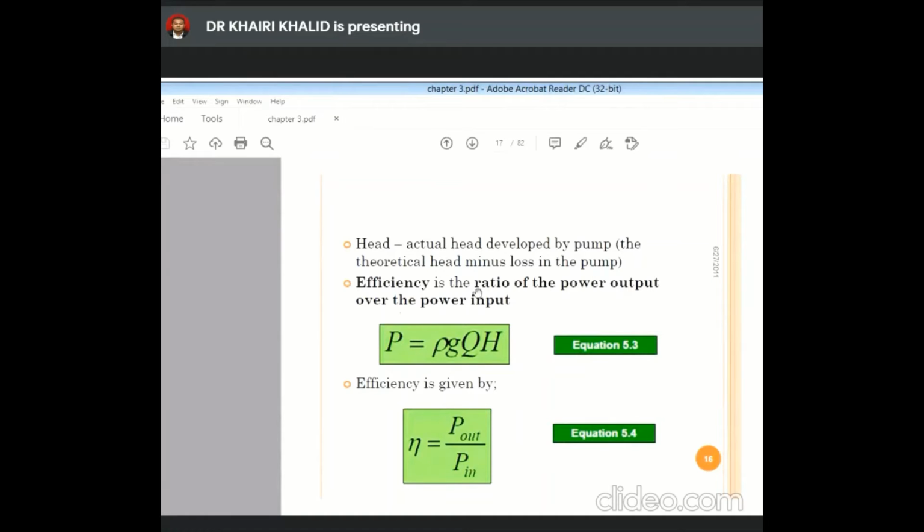Efficiency is the ratio of the power output over the power input. So this is the term of the power. Okay. P, which is equal to rho g Q H. All right. What is the value of H? And then you get the P in. All right. And then P out. This is the efficiency.